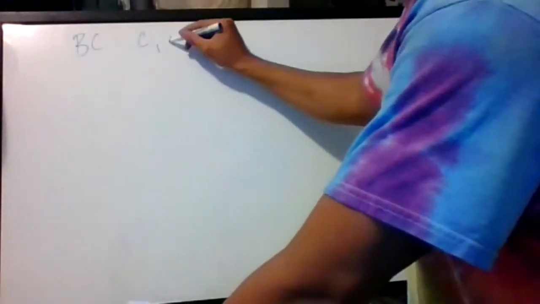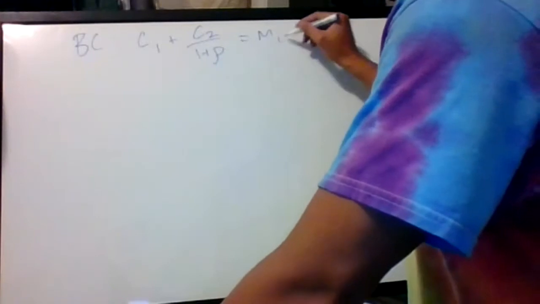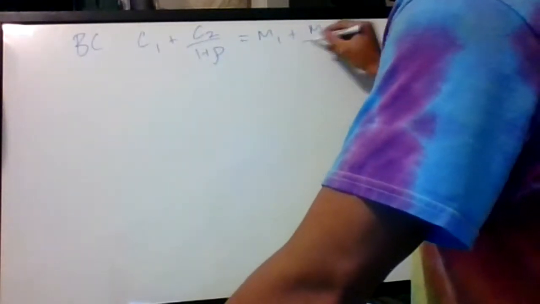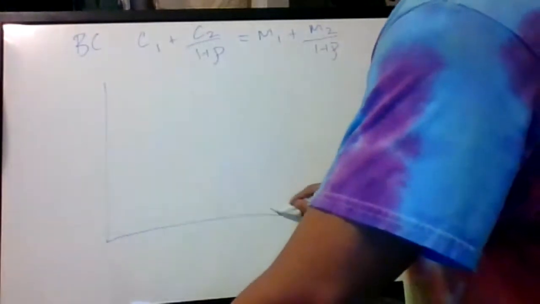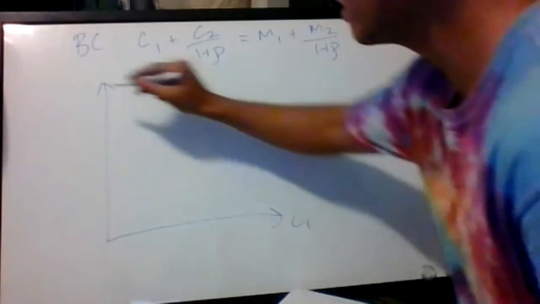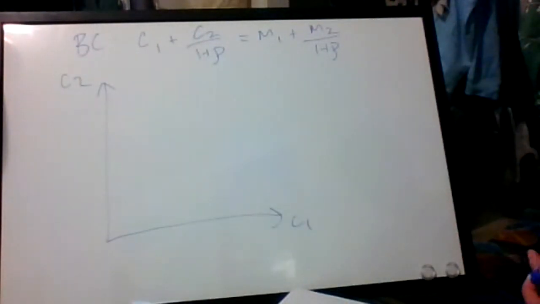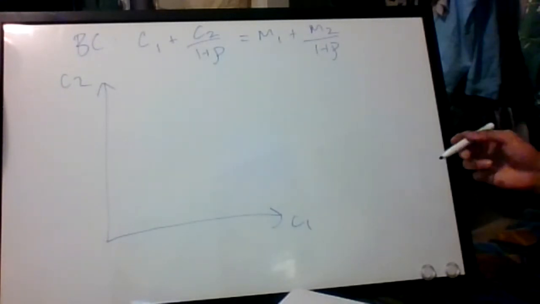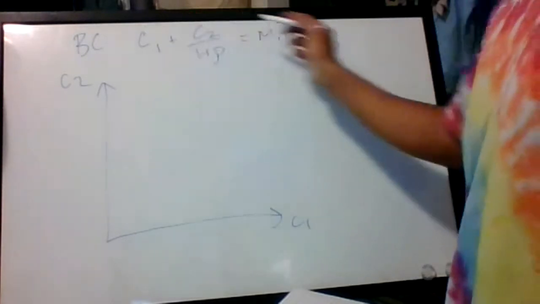So we have C1 plus C2 over 1 plus rho equals M1 plus M2 over 1 plus rho. And so we're still going to graph it on an XY axis. X1 is just going to be C1 and X2 is going to be C2. If you think about what these intercepts should be, an easy way of doing it is basically just setting the other value equal to 0.